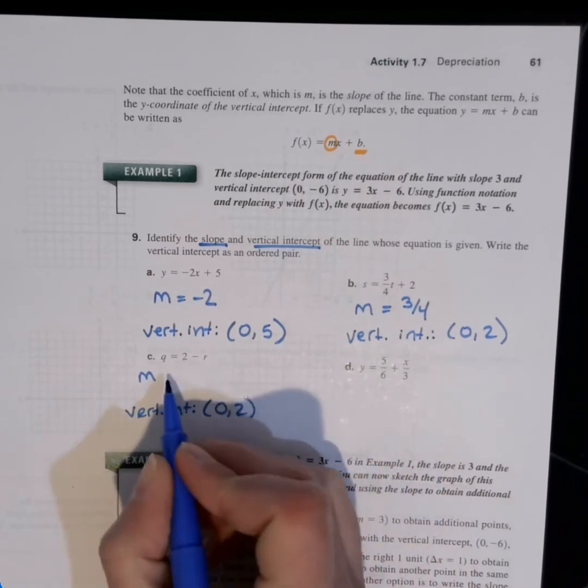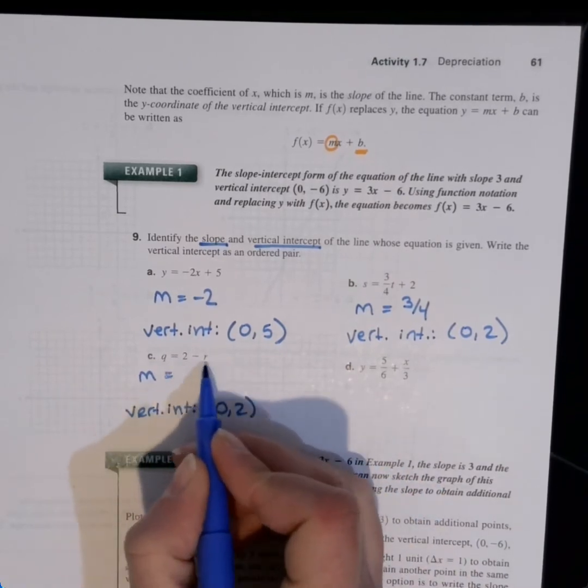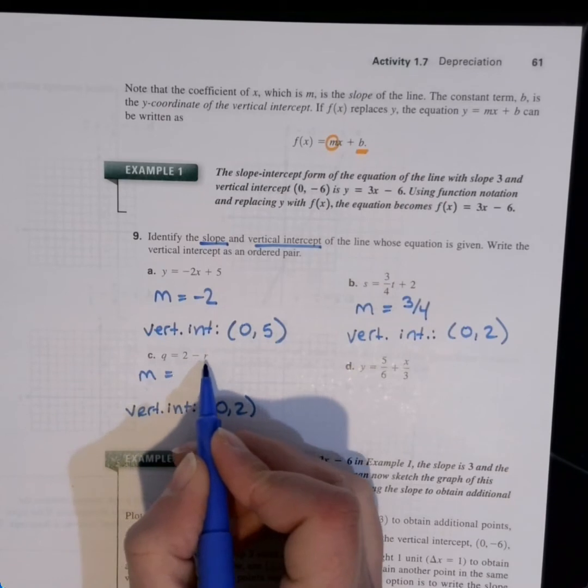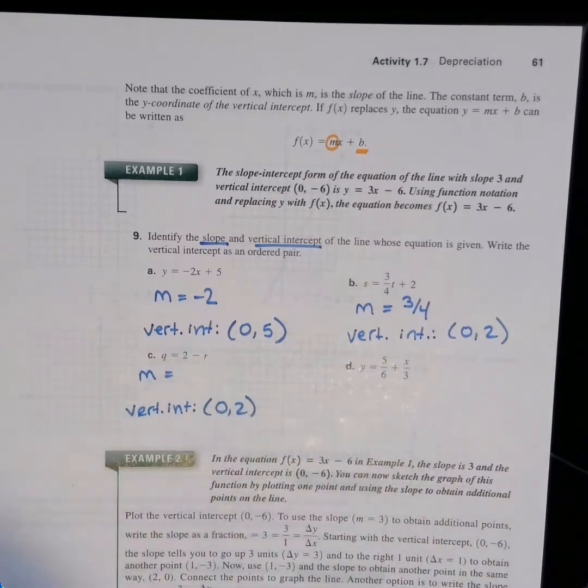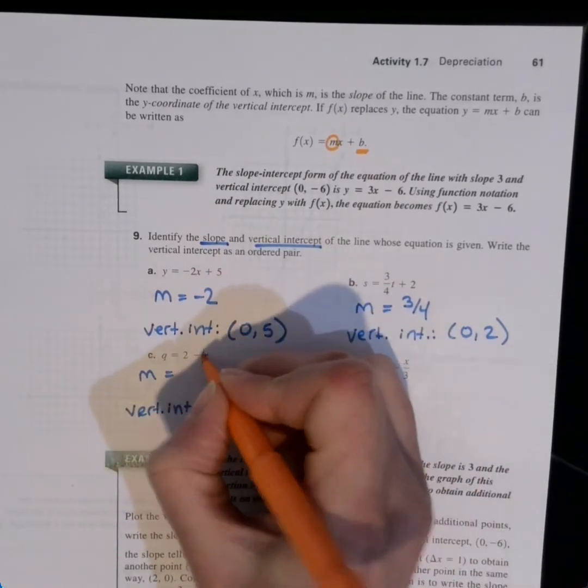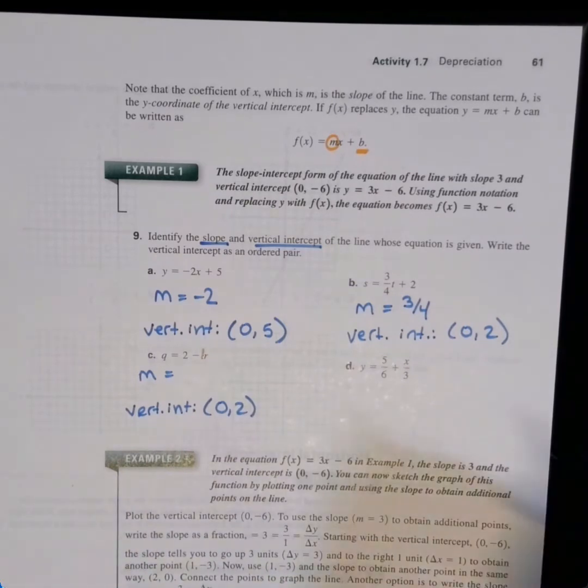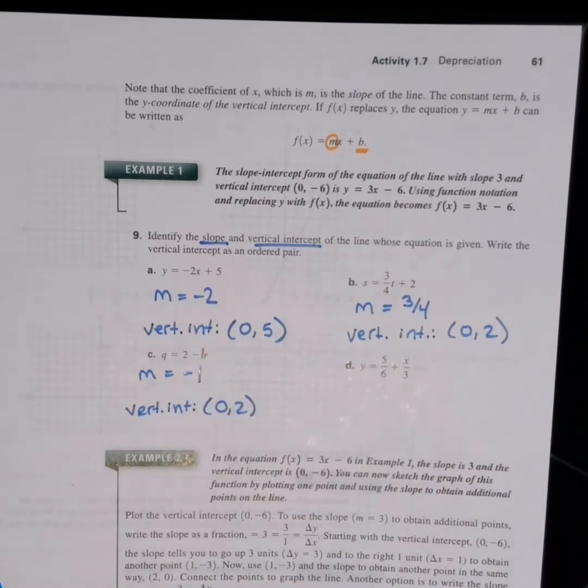And then the slope: since there's -r here, I'm going to read that -r as -1r. And so -1 is my slope. I can't use the letter r in the slope. I need to know how many r I have there. If it says -r, I have -1r, so -1 is the slope.